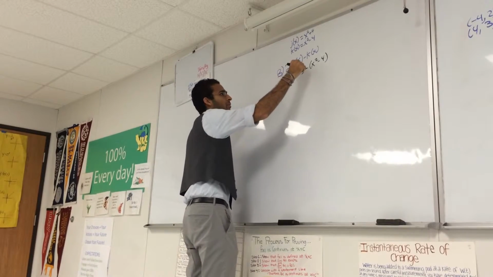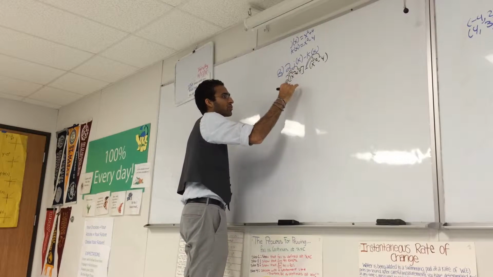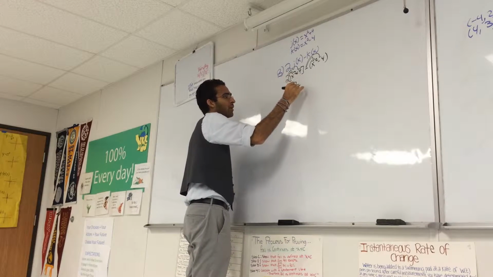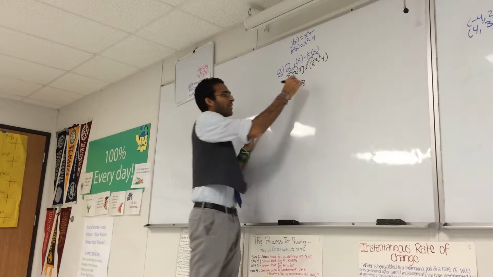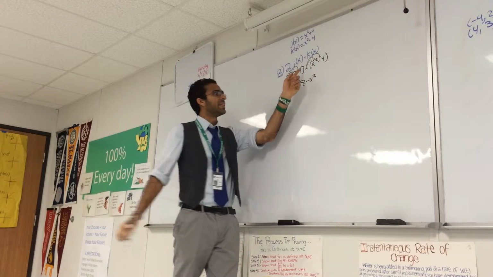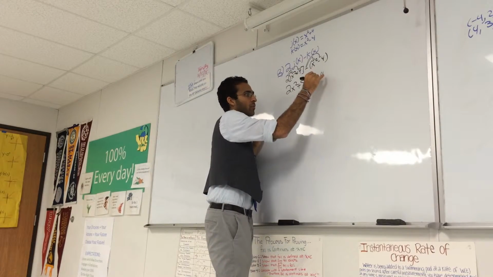I'm going to distribute. This is purely algebra. 2 times x squared is 2x squared. 2 times 4 is plus 8. Negative 1 times x squared is negative x squared. Negative 1 times negative 4 is positive 4.